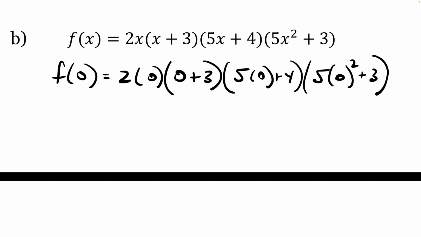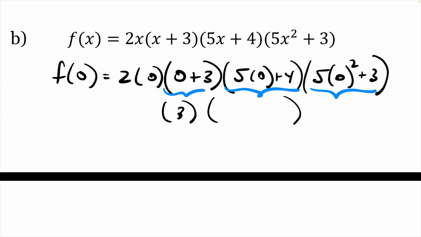Okay? So we do parentheses first. So I get positive 3 here, 0 plus 3. 0 times 5 is 0, plus 4 is positive 4. 0 squared times 5 is 0, plus 3 is 3.